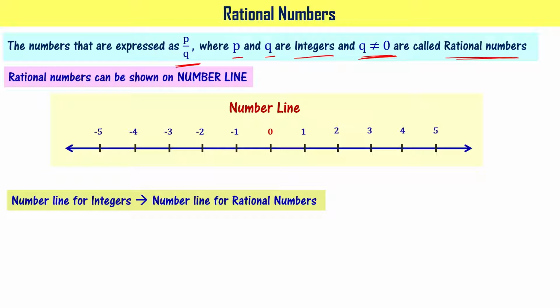To prove that, we can simply say that 0 is 0 by 1, 1 is 1 by 1, 2 is 2 by 1, 3 is 3 by 1, 4 is 4 by 1. Like that, when I write minus 1 by 1, minus 2 by 1, minus 3 by 1, minus 4 by 1, minus 5 by 1, the number line has become now the number line for rational numbers, right?